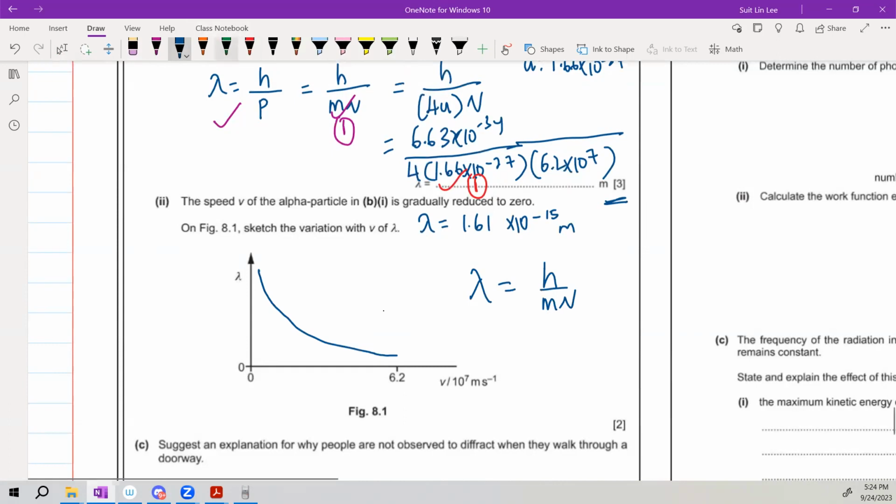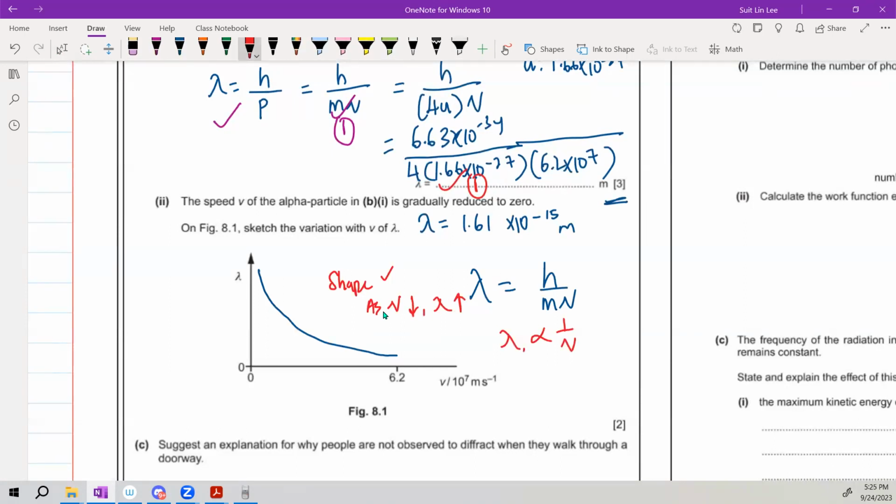Shape is 1 mark. So meaning as v decreases, lambda increases. You get lambda is proportional to 1 over v shape.